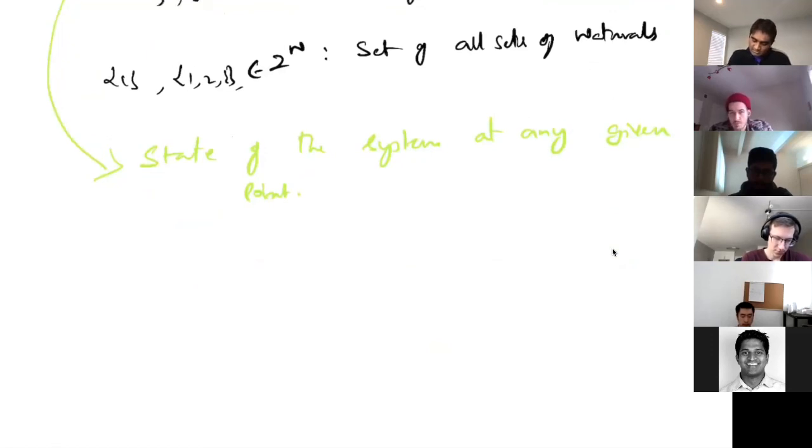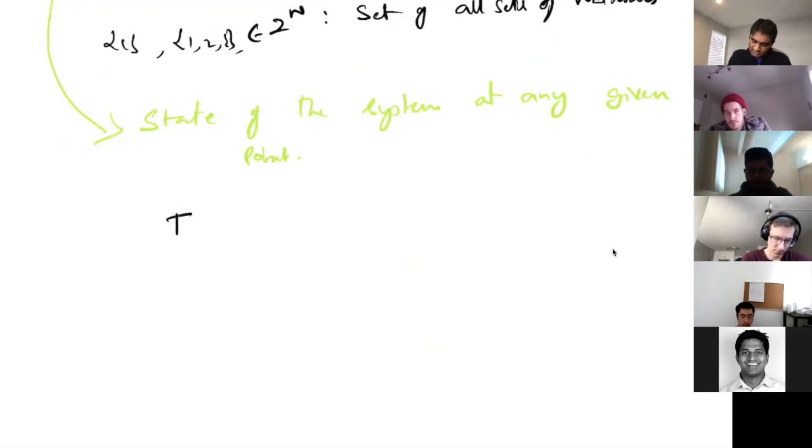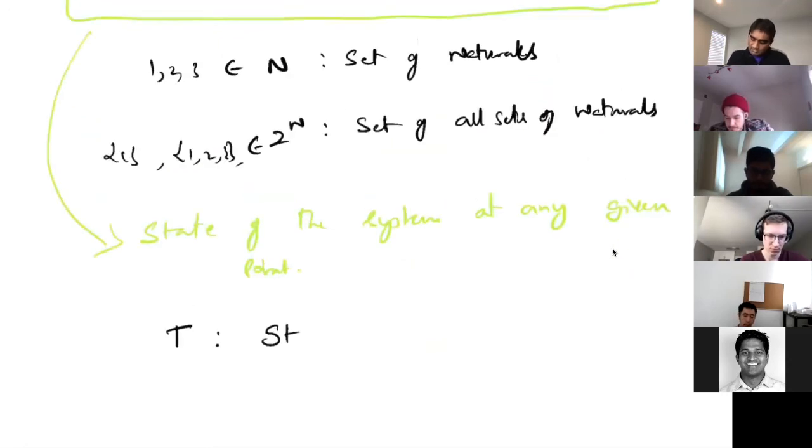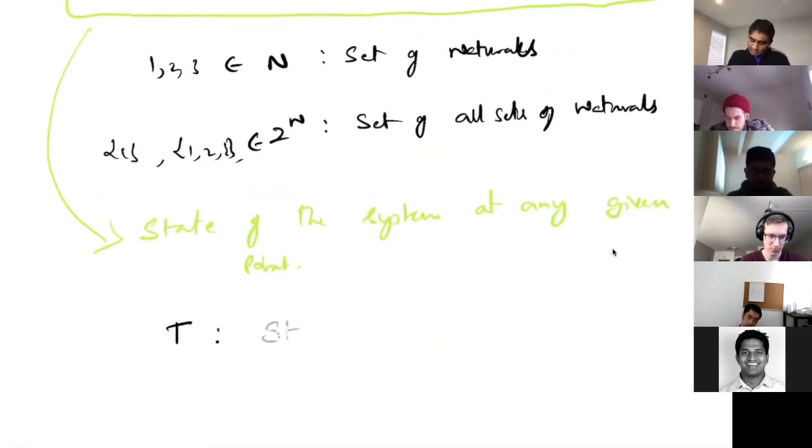So we'll define, let's say, transition system. Previously, we have said transition system is, let's call them state or configuration, right? Here, I think in the proof, they use the name configuration. So let me just use configuration.